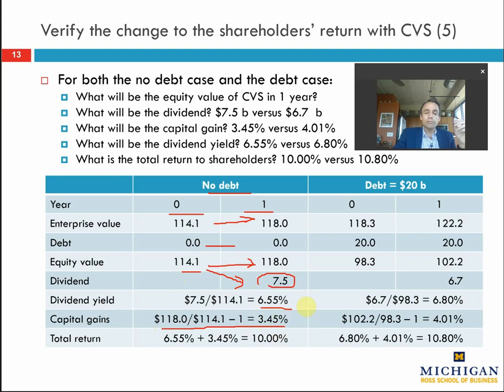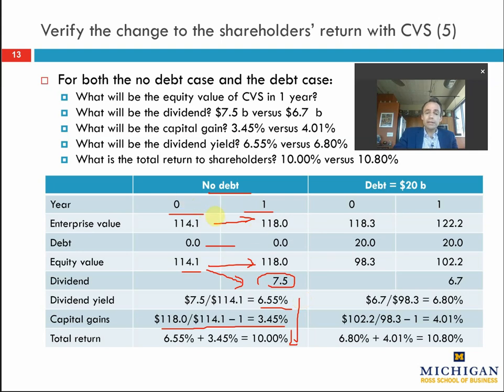That's 3.45%. And the total return, the sum of the dividend yield and the capital gains, is 10%. Well, that's what we anticipate. That was our cost of equity for the unlevered business, also called the expected return on assets, also called the cost of equity for a firm without debt, the unlevered cost of equity.